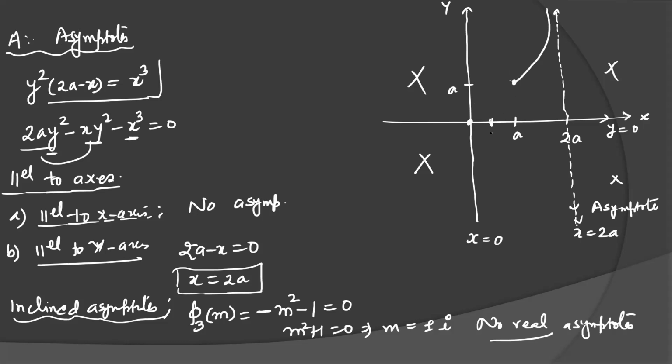So we'll check another point, a/2. At a/2, you are getting a/(2√3), which is smaller than a/2. So the point is here. It means you are going this way.